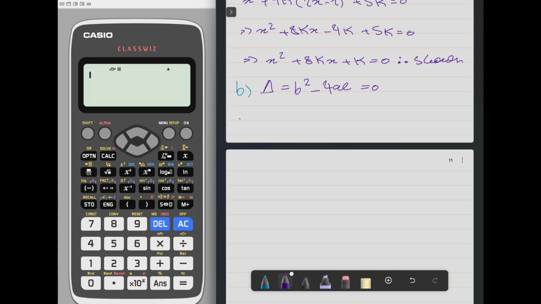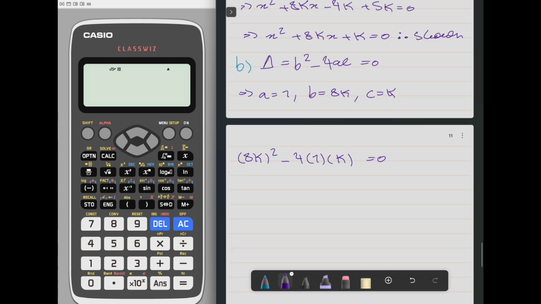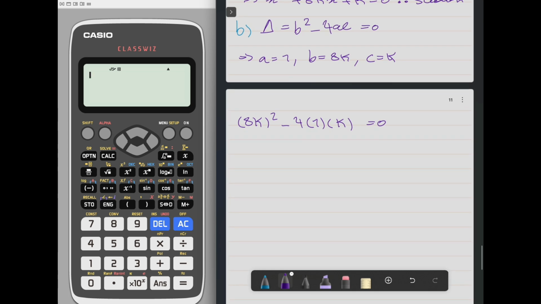What is the discriminant of this equation? a is equal to 1, b is equal to 8k, and c is equal to k. So my discriminant will be b squared minus 4ac equal to 0. Since we have equal roots, the discriminant is going to be equal to 0.